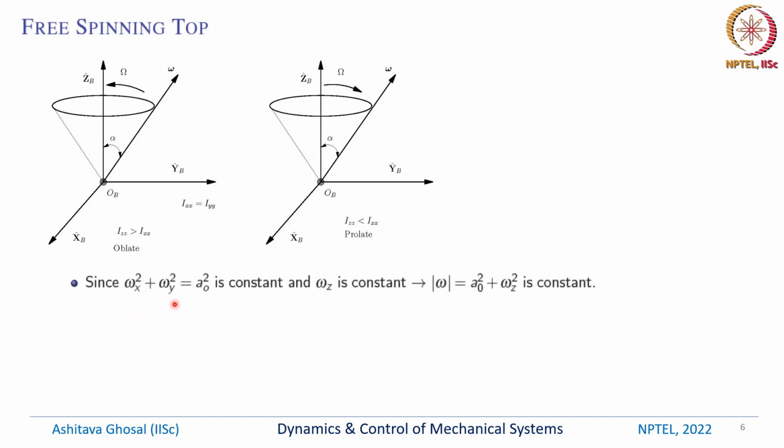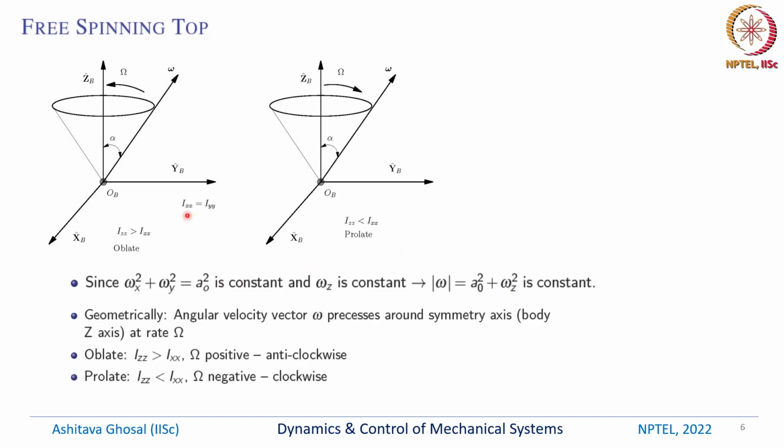Since omega x squared plus omega y squared is a0 squared, which is a constant, and omega z is a constant, the magnitude of omega is also a constant. Magnitude of omega is a0 squared plus omega z squared, also a constant.